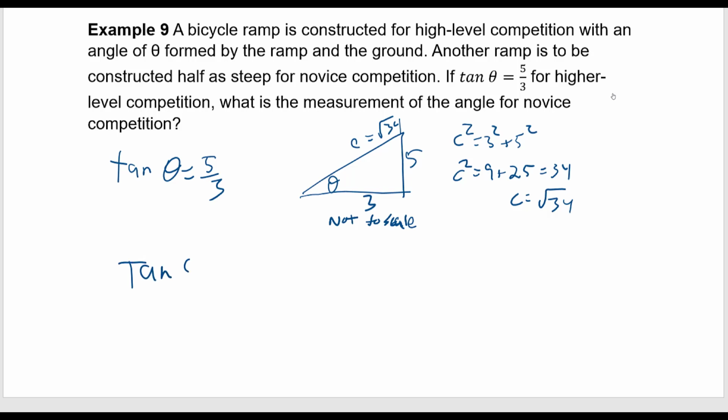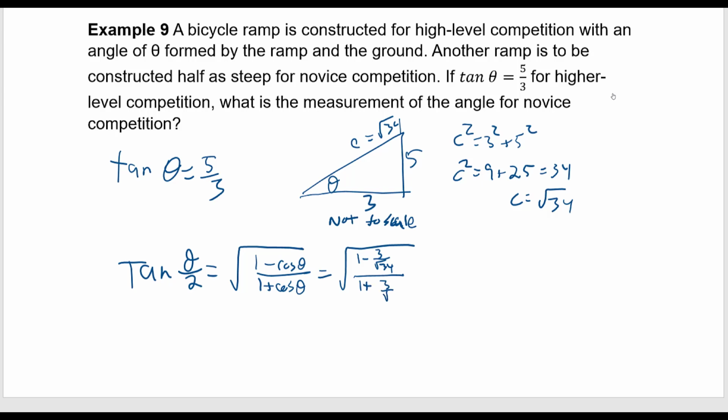Okay, so what we're looking at is tangent of theta over 2 is going to be the square root of 1 minus cosine theta over 1 plus cosine theta. So that's going to be the square root of, cosine is going to be 3 over the square root of 34. 1 minus 3 over the square root of 34 over 1 plus 3 over the square root of 34.